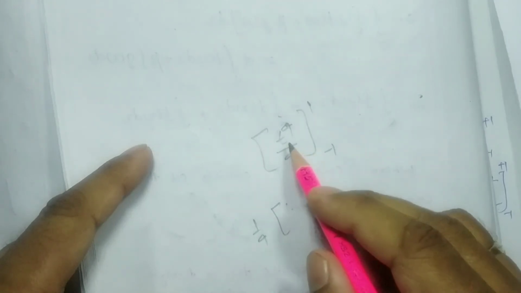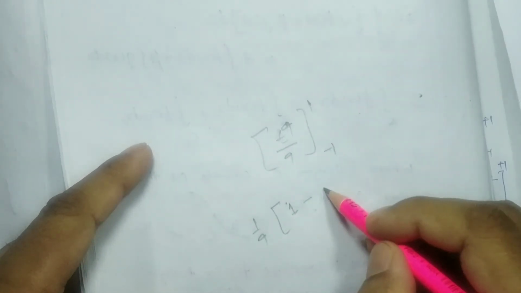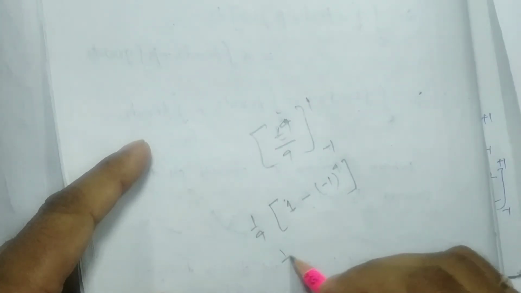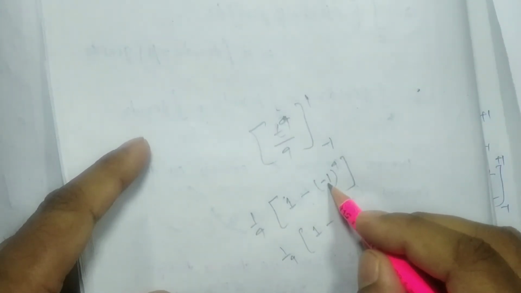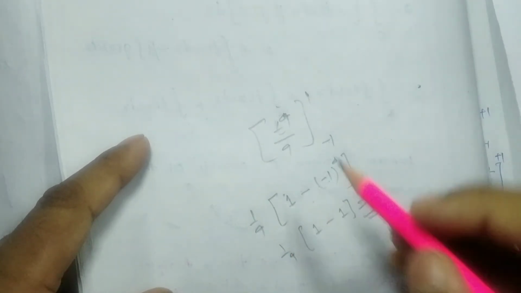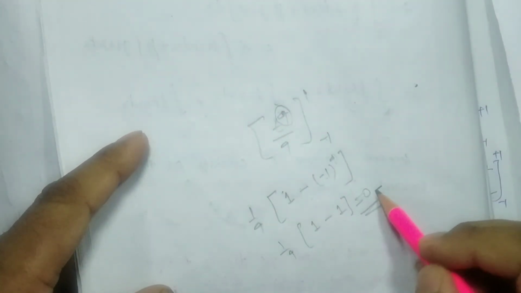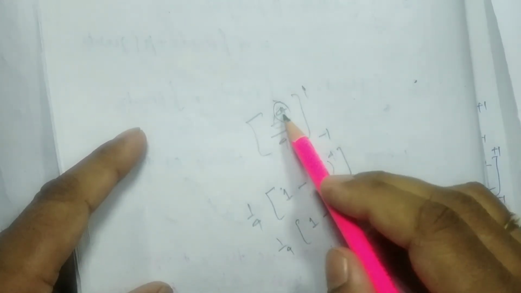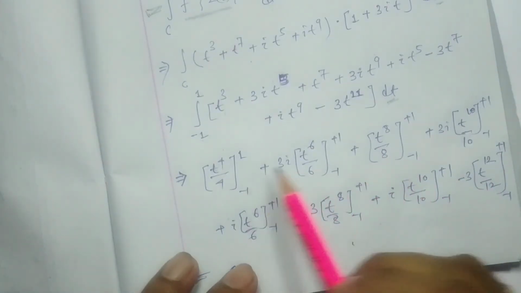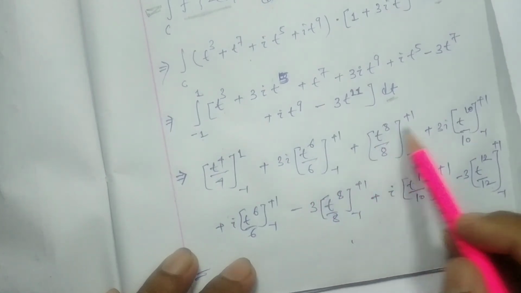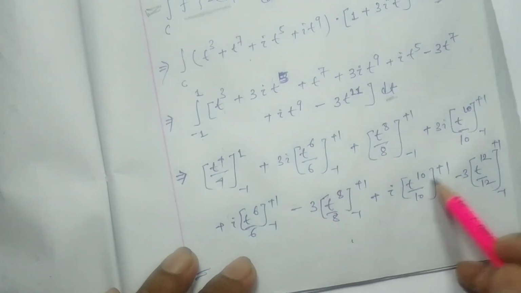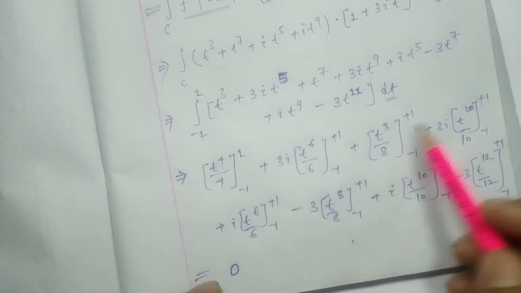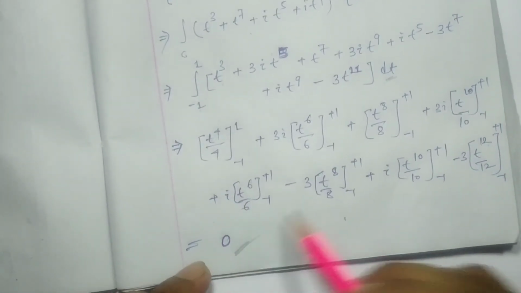So t to the power 4, higher limit will be 1 to the power 4, 1, minus the lower limit (-1) to the power 4, which will be 1, so it will be equal to 0. Okay, as it is an even power, it will be 0. If it is odd, then it will be minus minus plus, it can be 2, but as it is even, we get 0. So you can check that all the terms are even powers: t4, t6, t8, t10, t6, t8, t10, t12. That means all the terms are going to give you 0. So the answer will be 0.